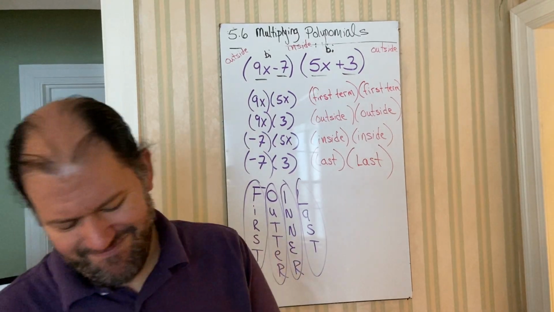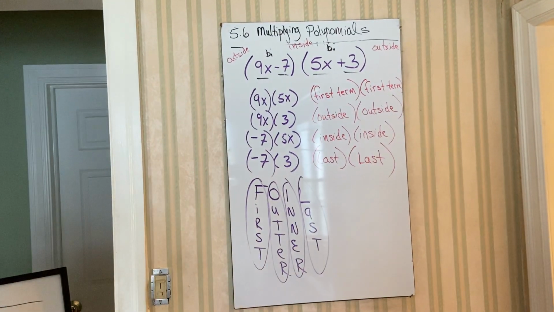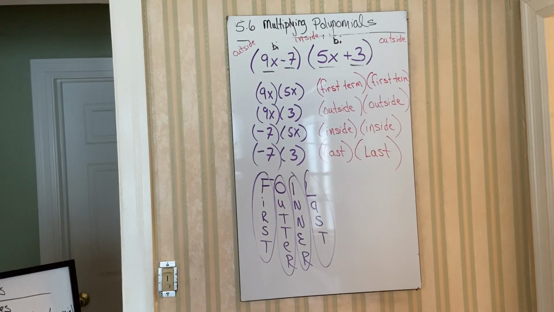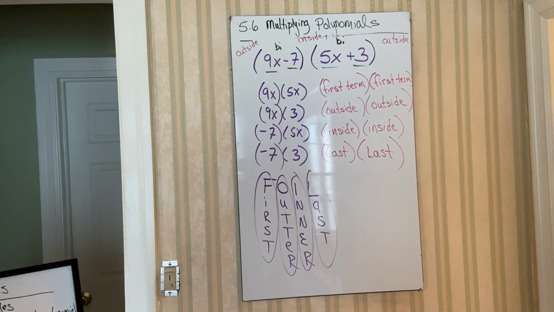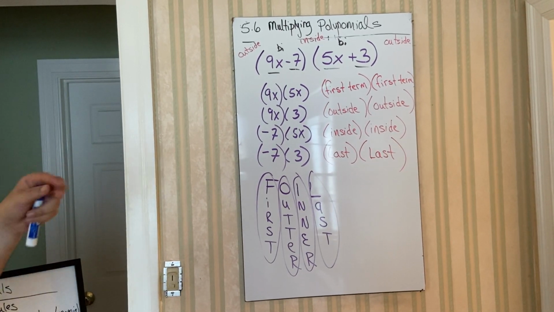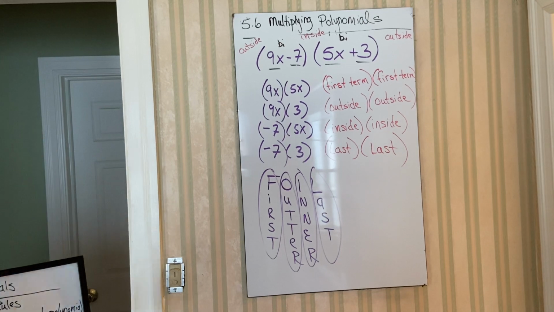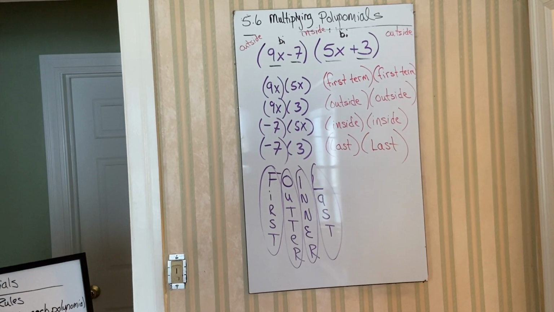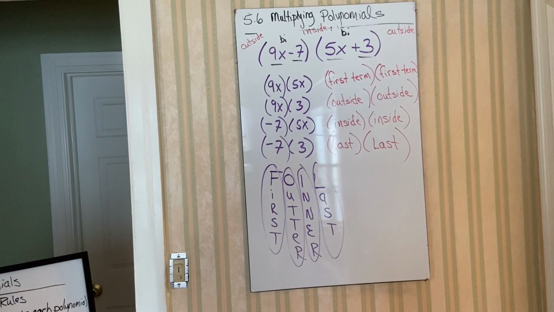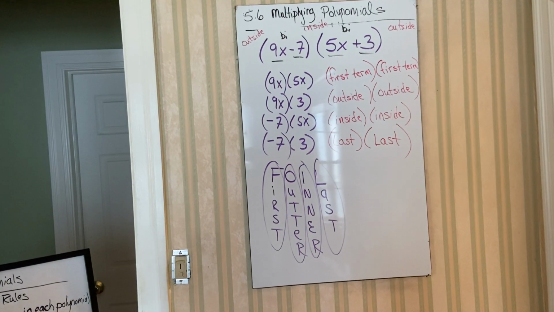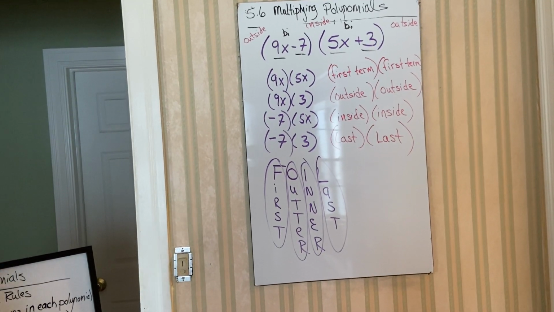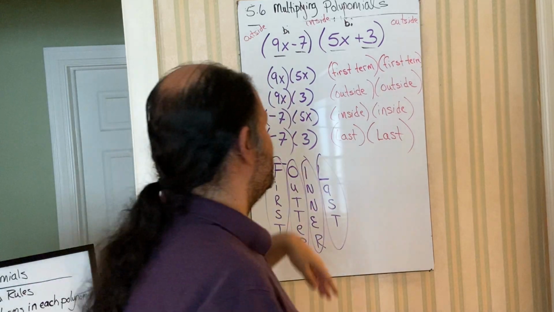Now, why do I hate FOIL? Well, FOIL only works if it's a binomial times a binomial. Because once one of these is a trinomial, that kind of throws out what the heck inner is. The other reason why I don't like this method is because these terms play double duty.